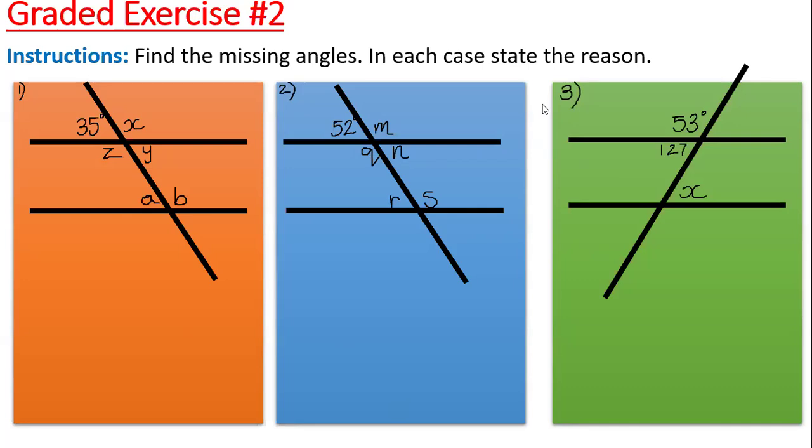Aiden Bean, what number are you on? I just started. Okay. Calvin, what number are you on? I am on number 3. Alexia, what number are you on?